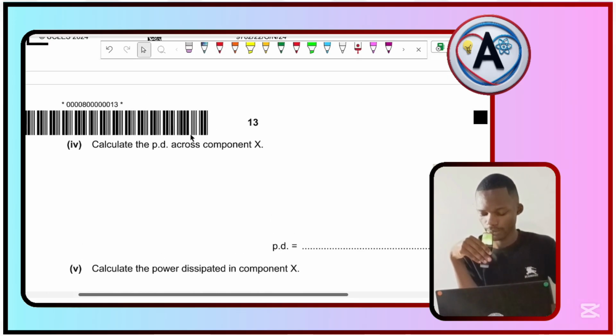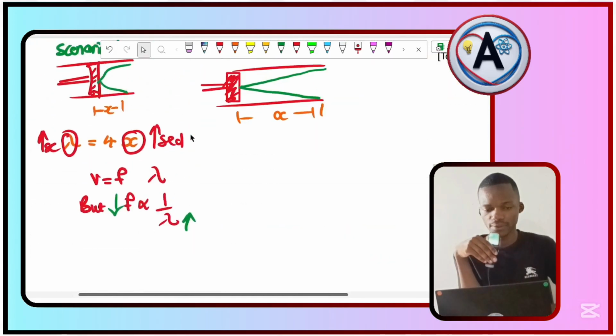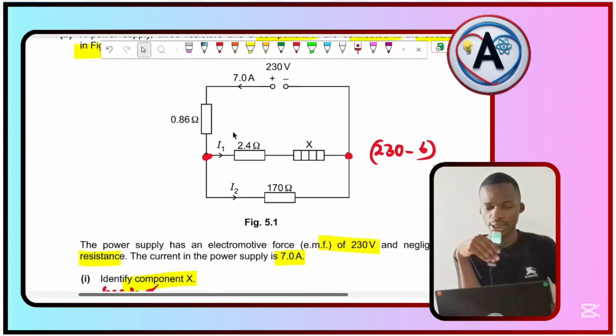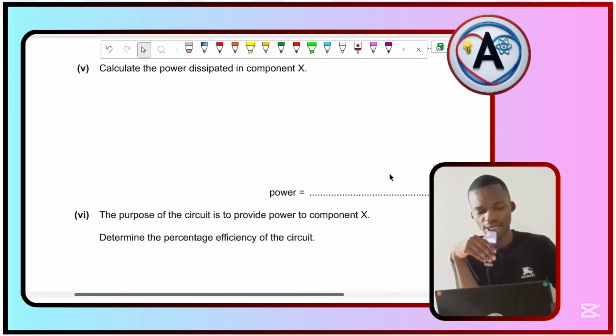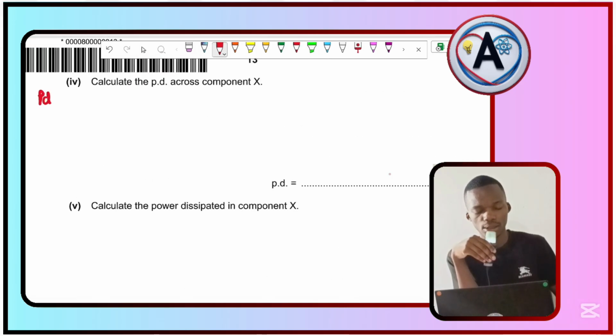The PD across component X. So now I have I2 and I1 and the resistance of that, so I can find the V across this. These two guys are supposed to share 224. So PD across X should not be that difficult. Okay, so I know that the PD across the 2.4 resistor is going to be equal to IR.